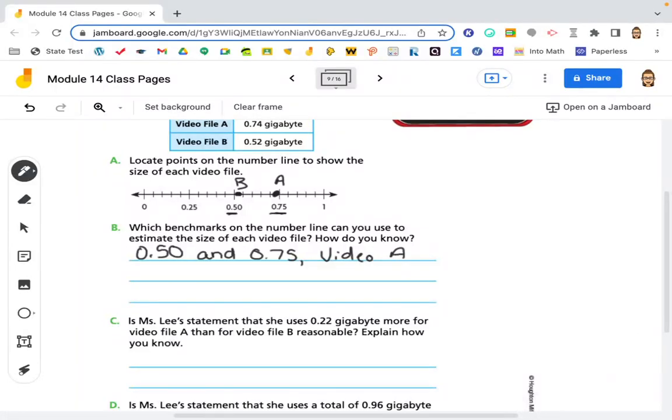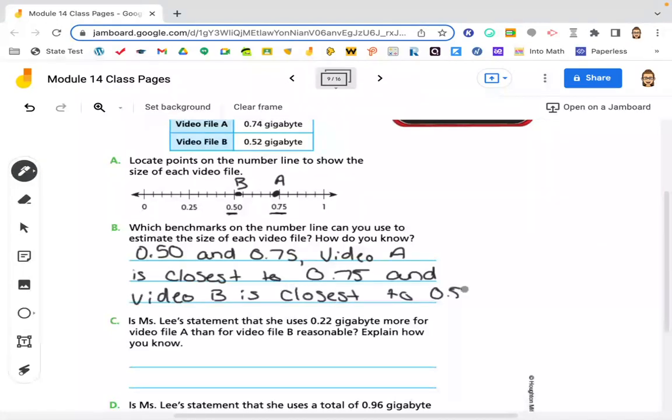Video A is closest to 75 hundredths, and video B is closest to 50 hundredths.